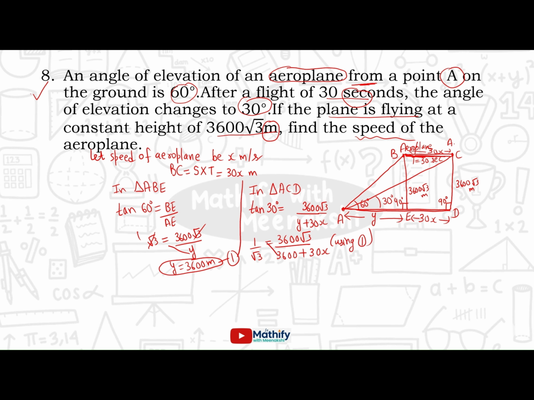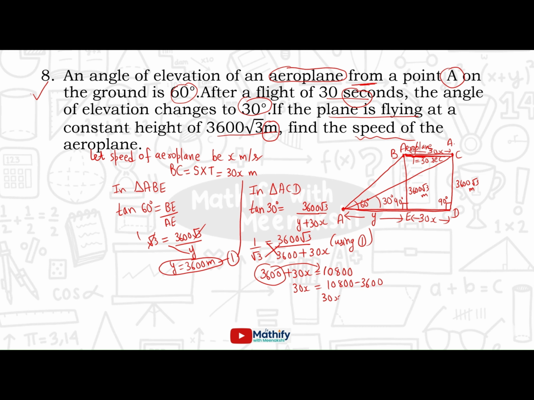Now again we'll do cross multiplication. That is 3600 plus 30x is equal to 3600 root 3 into root 3. That means 3600 into 3. 36 into 3 is 10800. Now again you will transpose this to that side. 30x is equal to 10800 minus 3600.